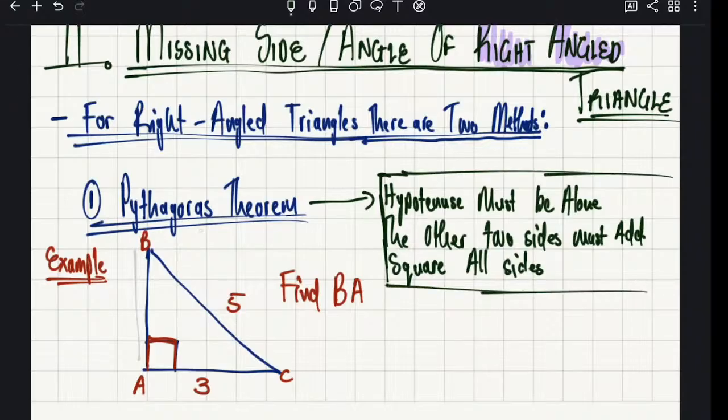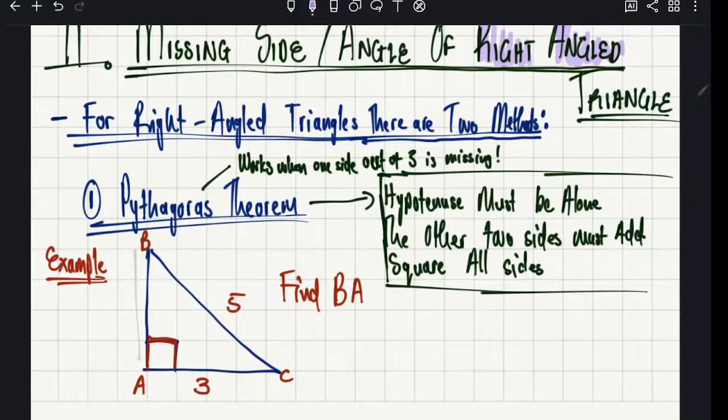Pythagoras theorem, okay? You can put an arrow and say it works when only one side out of the 3 is missing.